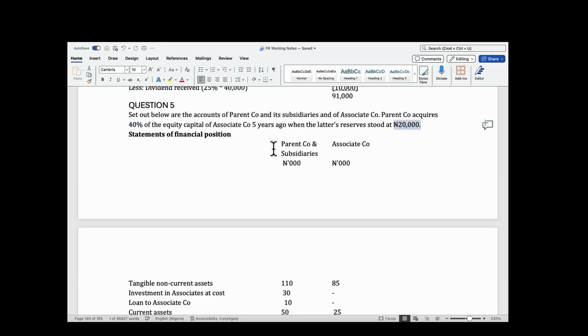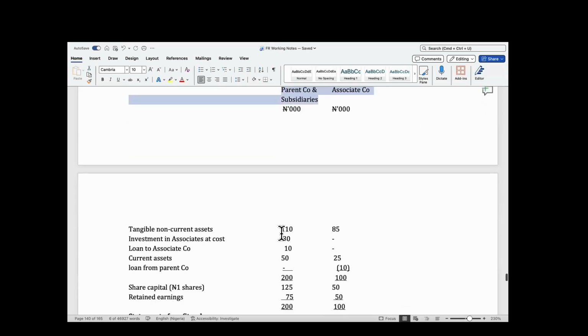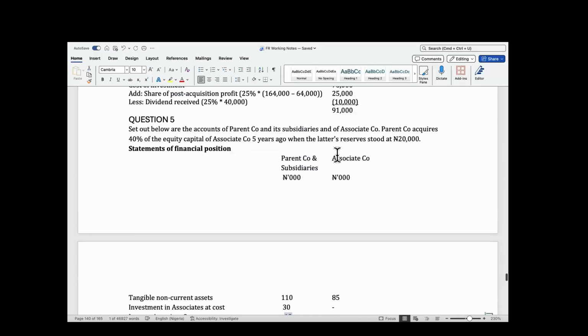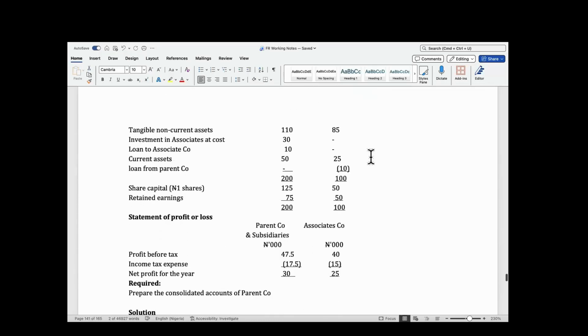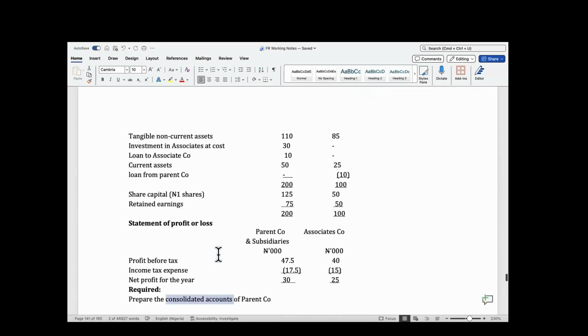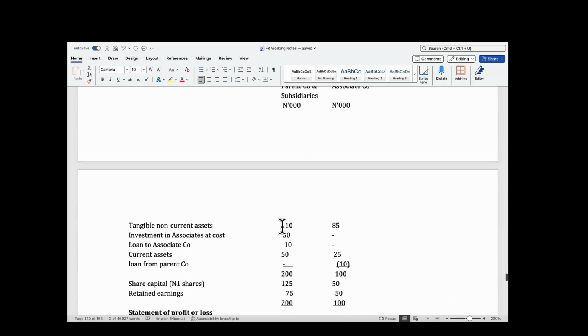Now, they gave me statement of financial position, parent and subsidiary. That means this line here is consolidated accounts already. It's consolidated. And this is the figures of the associate. Now, when you want to prepare consolidated accounts, we don't add figures of associates.